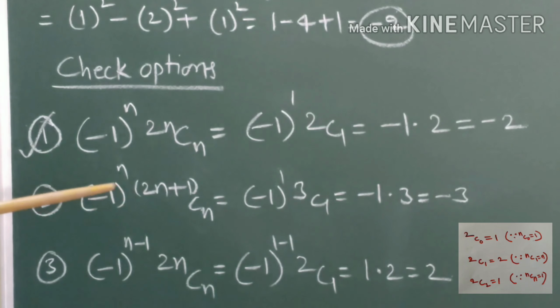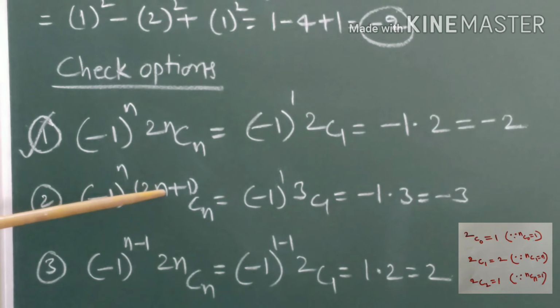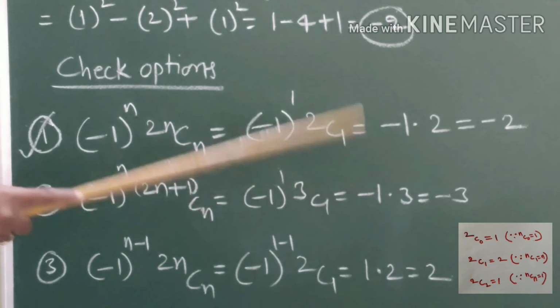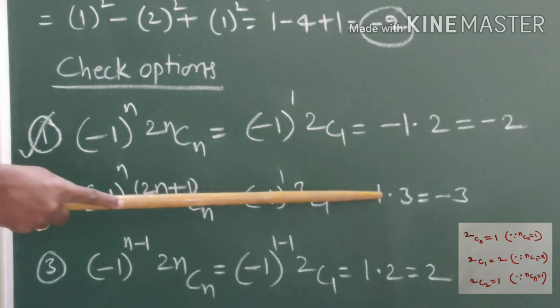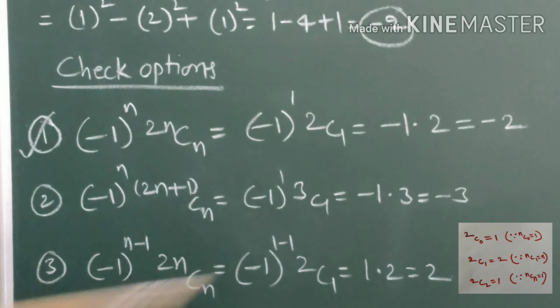Second option, minus 1 power n into 2n plus 1 cn, that is minus 1 power 1, and 2 into 1 plus 1 is 3 c1, which is minus 1 into 3, that is equal to minus 3.